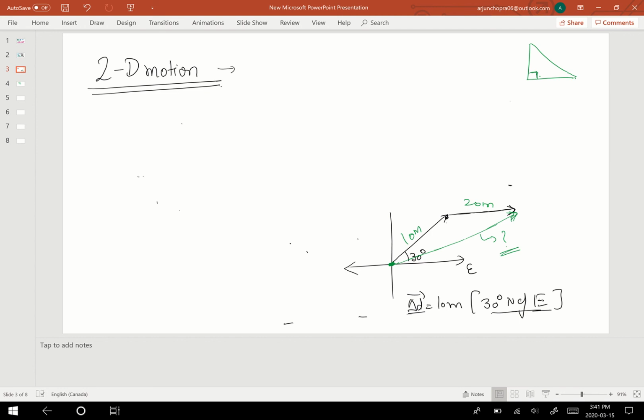Now, how can I solve this kind of question? To solve this kind of question, the easiest method is the component method. So I'm going to apply the component method.